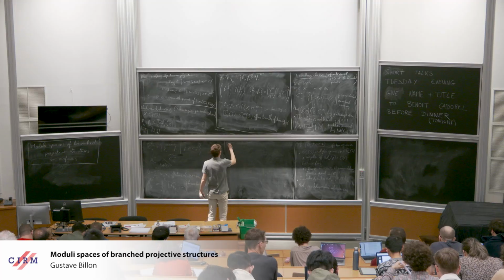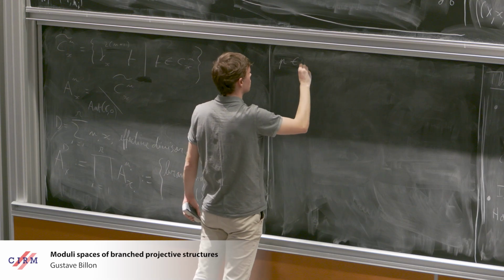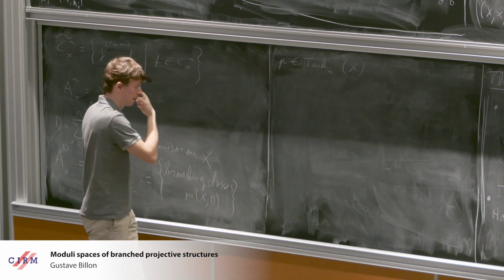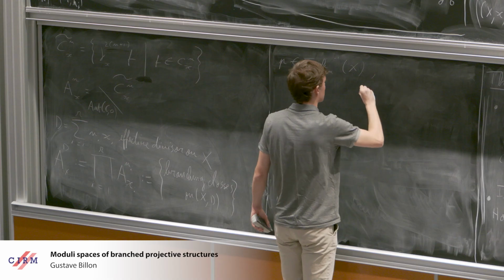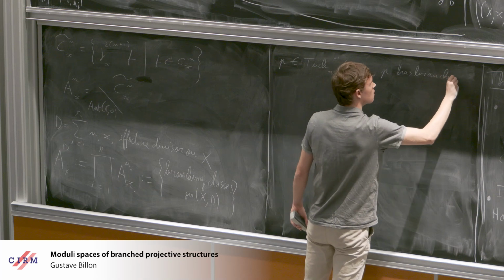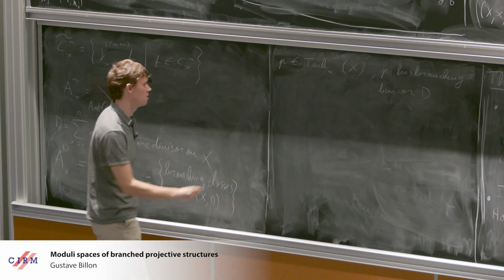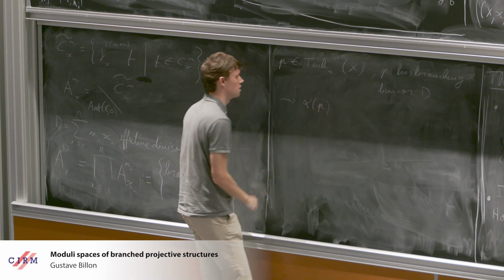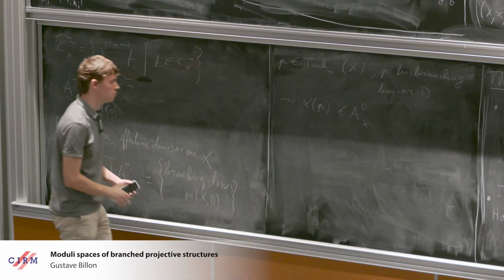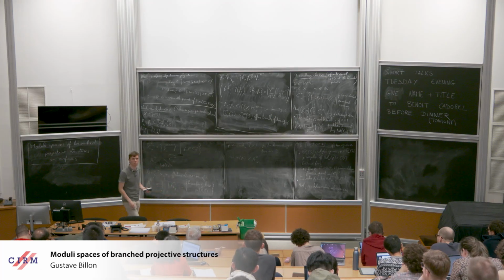So the important fact about branching is, if I take P, a branched projective structure of type n over X, such that P has branching divisor D, then I can consider a branching class associated to P, that I write alpha of P, simply by taking the jets of the charts of P at the points of the divisor.